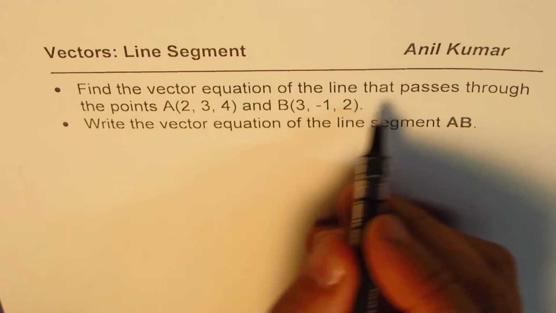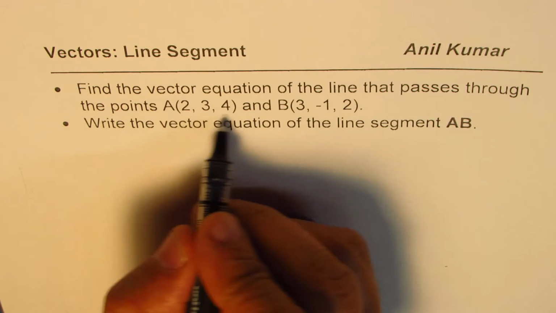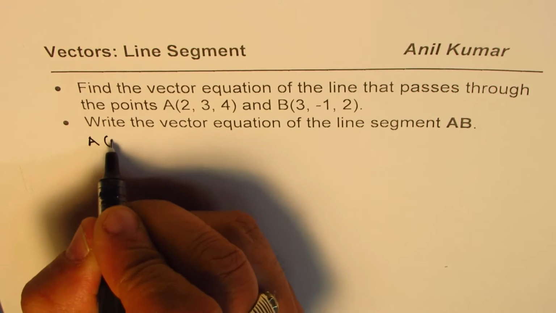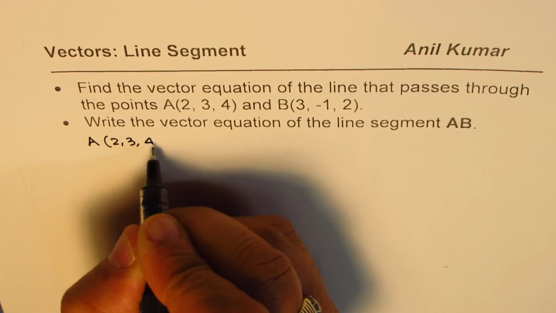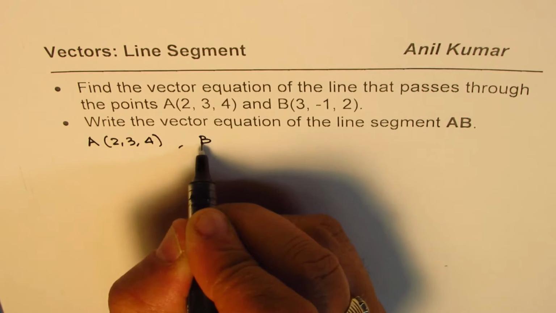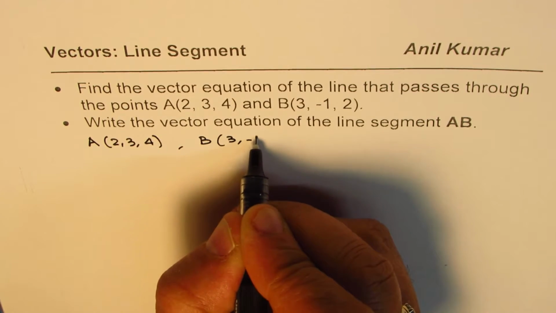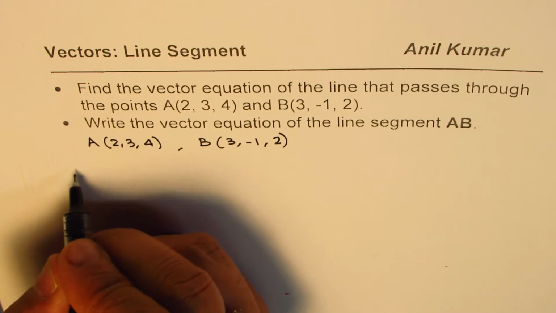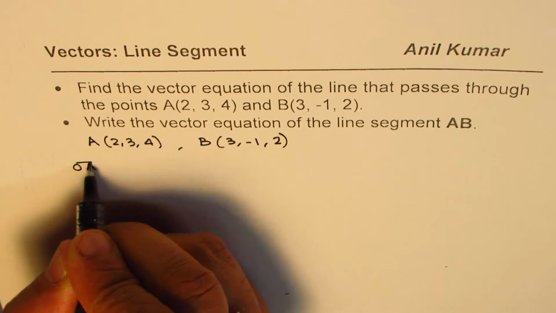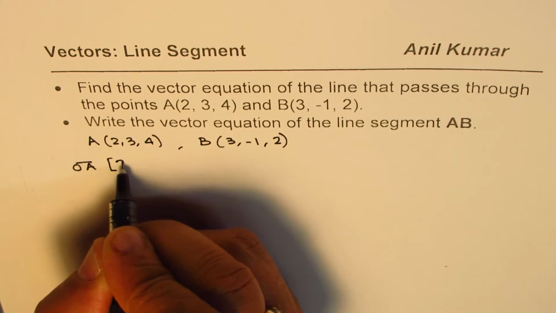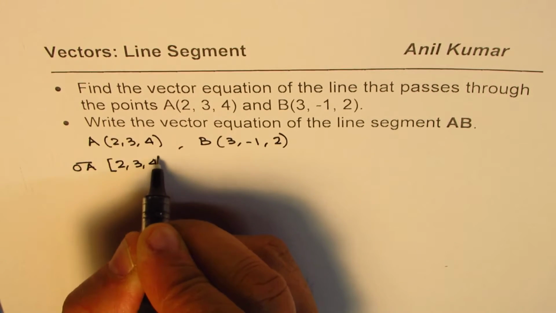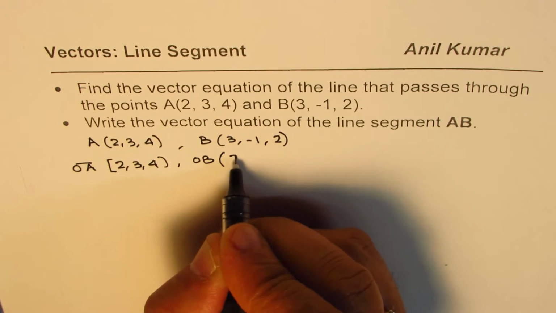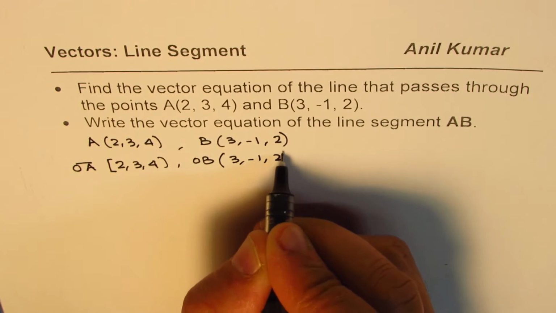So to find the equation of the line, we can consider this as a position vector. So we have A, which is (2, 3, 4), and we have B, which is (3, -1, 2). So from origin we have OA, which will be a position vector (2, 3, 4), and OB, that is from origin, this vector will be (3, -1, 2).